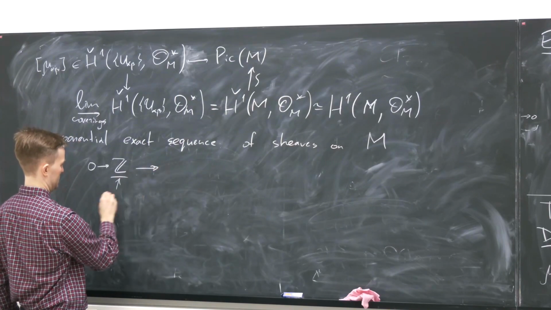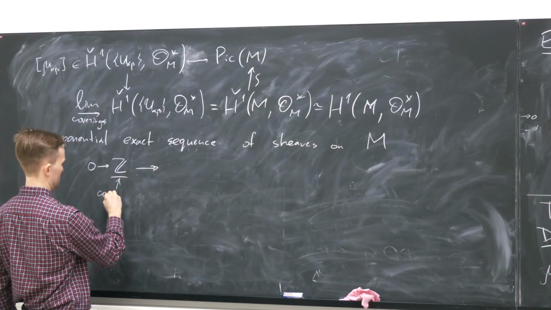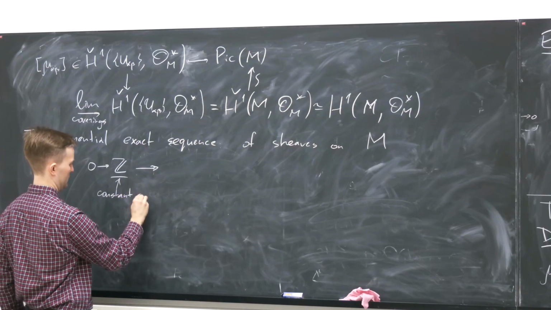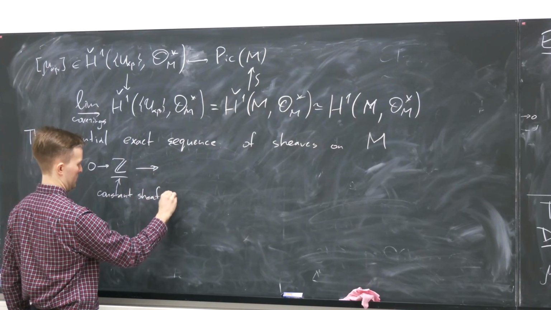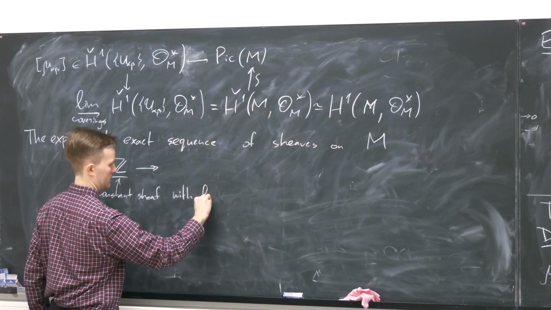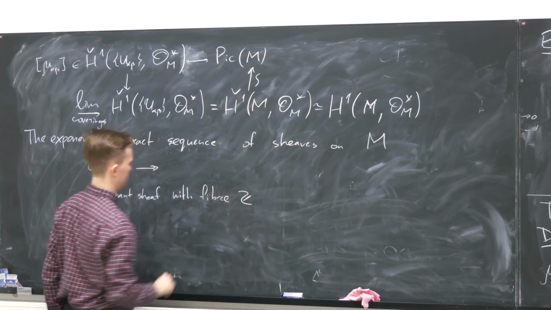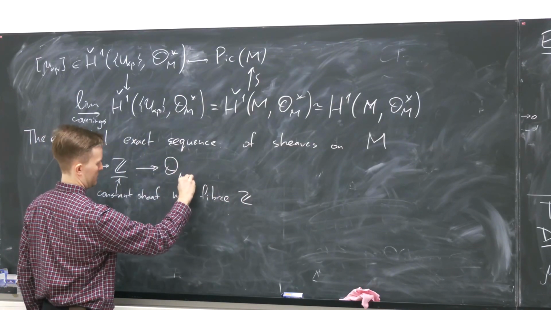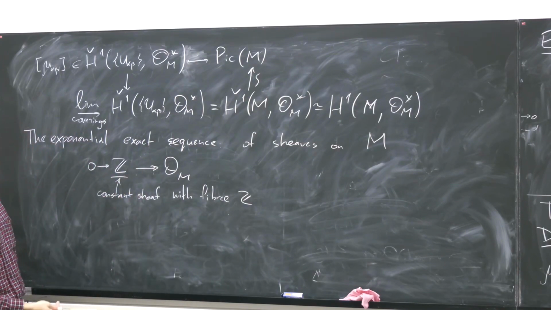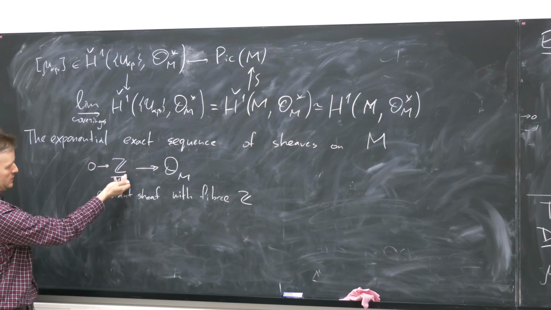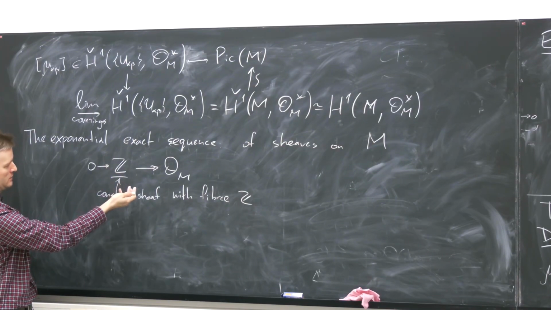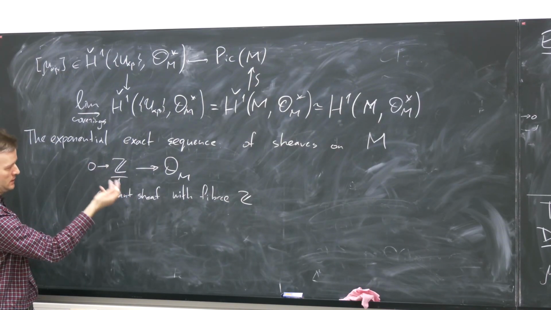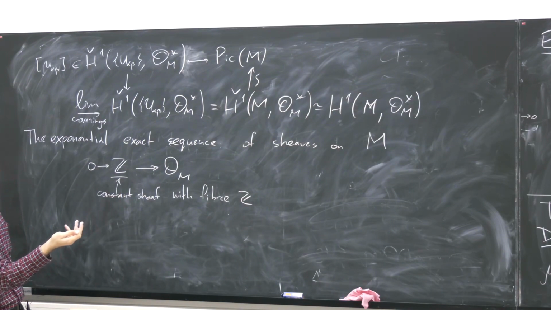So this is the notation for the constant sheaf with fiber Z. Then I have O_M, and this is the natural inclusion. Any section of this sheaf is a locally constant function which takes integer values.